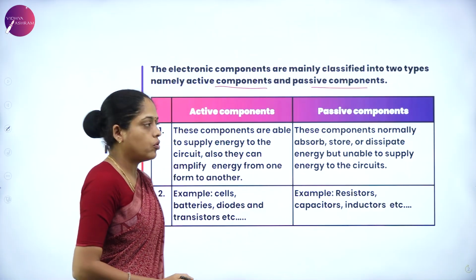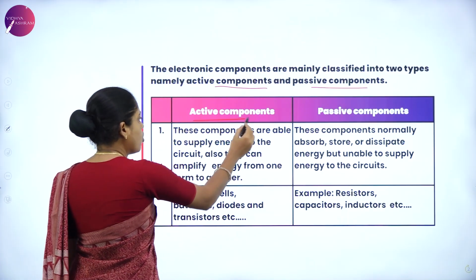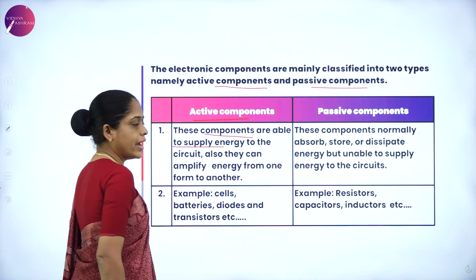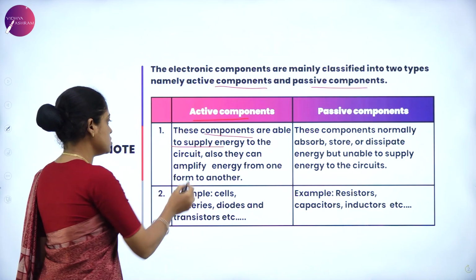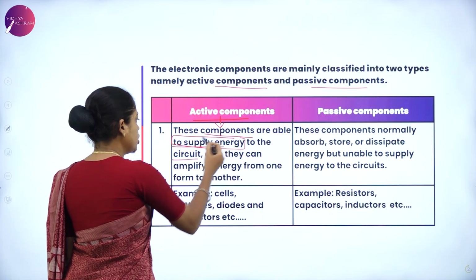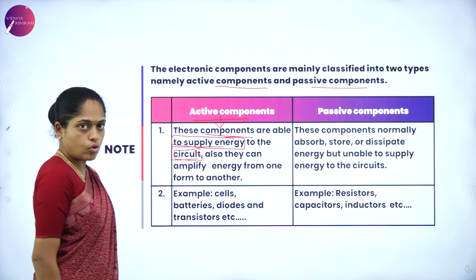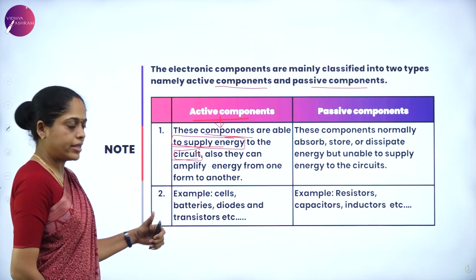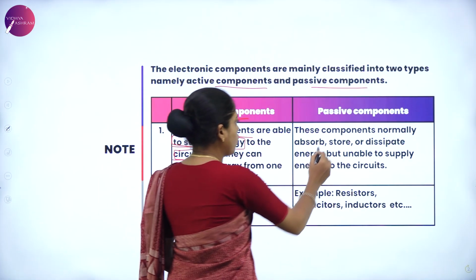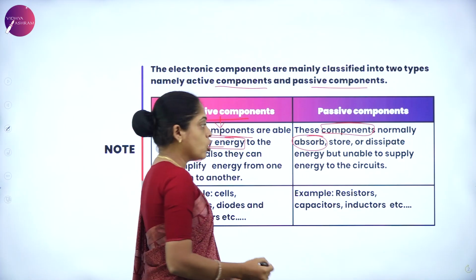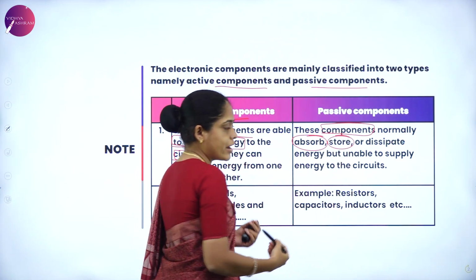What are active components? Active components are the components which are able to supply energy to the circuit. So, components which supply energy to the circuit are known as active components. When these components supply the energy, then passive components absorb that energy or store that energy.